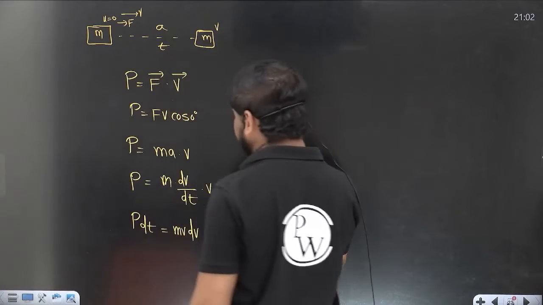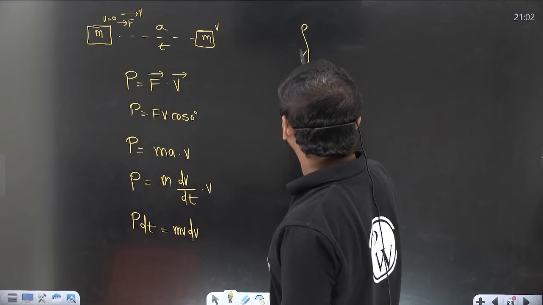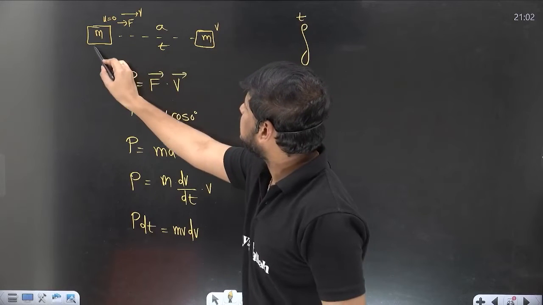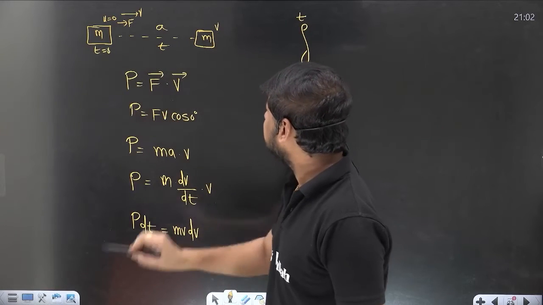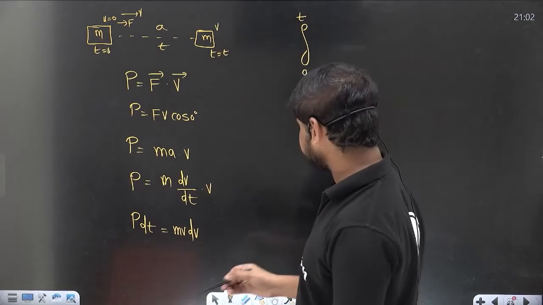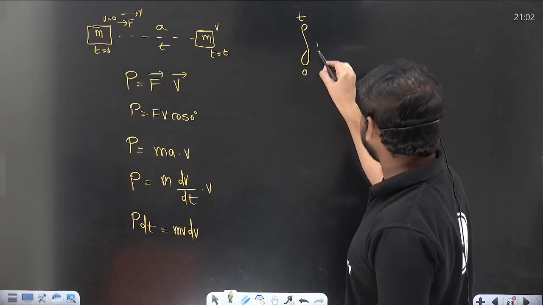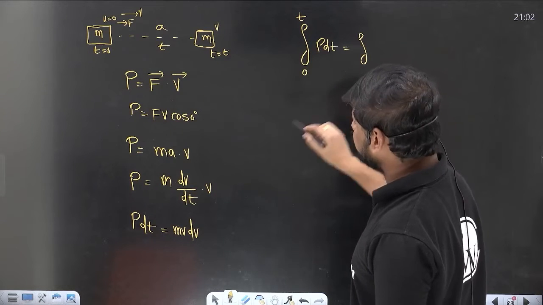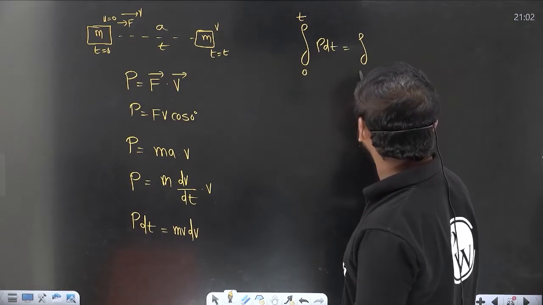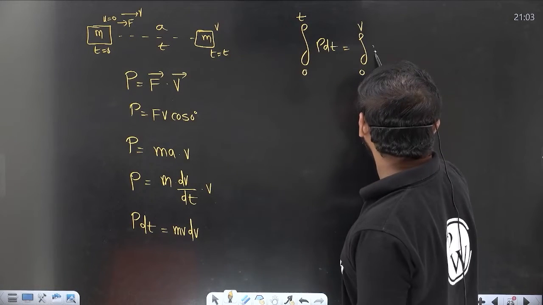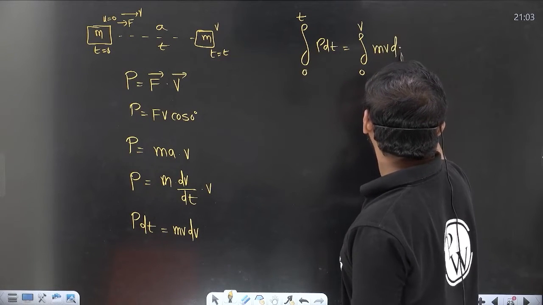Now integrate it on either side. Initially, at t equals 0 it is starting, and at time t equals t it is reaching a velocity v, right? So P dt, integrated from initial velocity 0, finally reaching velocity v, equals mv dv.